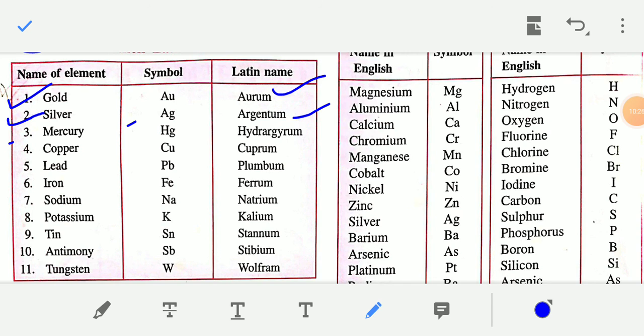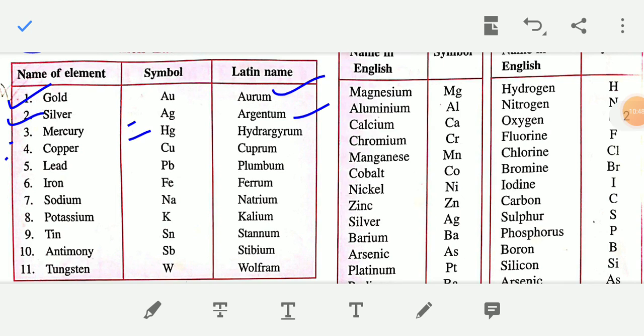Symbol of mercury is Hg because its Latin name is hydrargyrum. Similarly, symbol of copper is Cu because its Latin name is cuprum. Symbol of iron is Fe according to its Latin name ferrum. Symbol of sodium is Na according to its Latin name natrium. Symbol of potassium is K, like this.